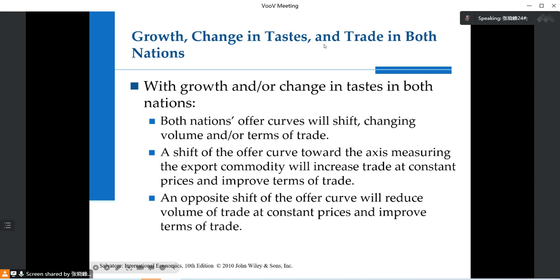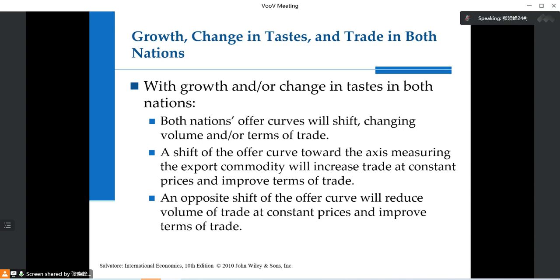Growth, change in taste, and trade in both nations. With growth or change in taste in both nations, alpha curves will shift, changing volume or terms of trade. Actually, this paragraph illustrates the graphs of the previous slides.